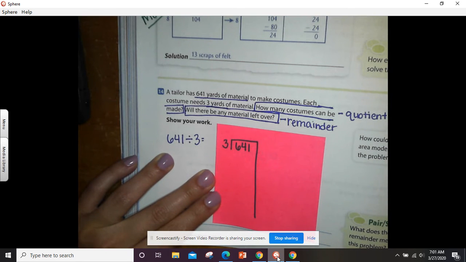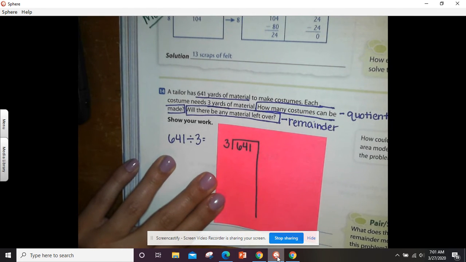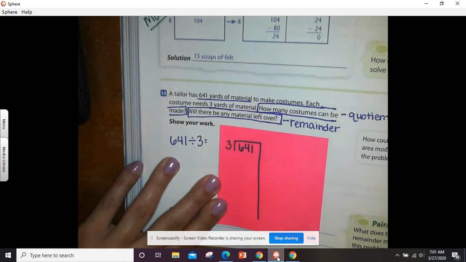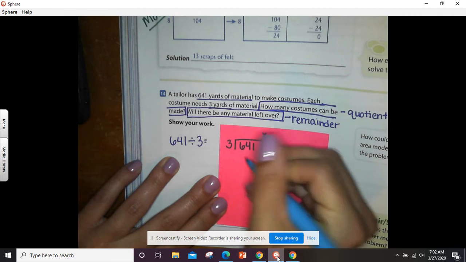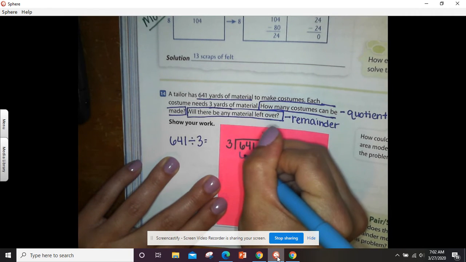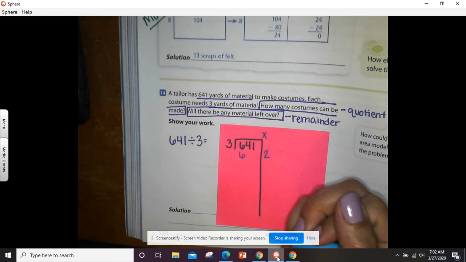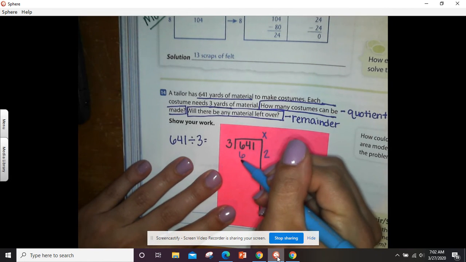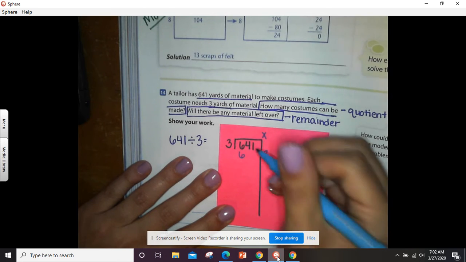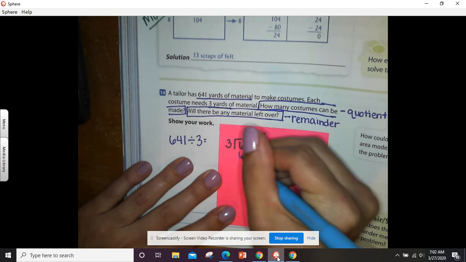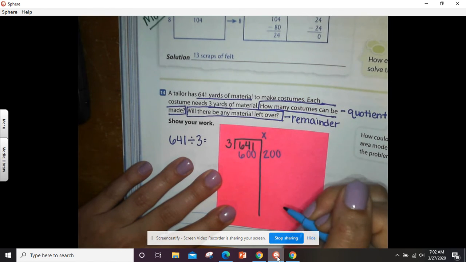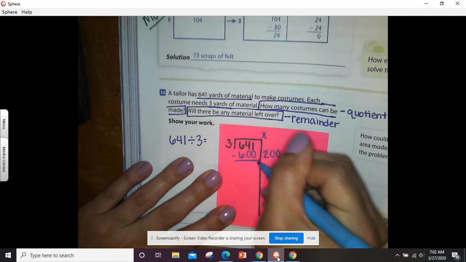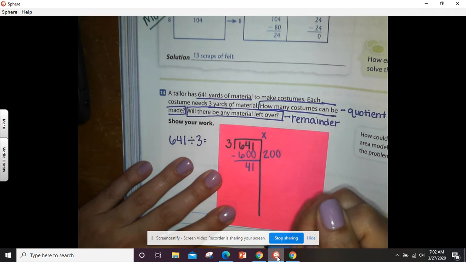In my head, I know 3 times 2 equals 6, and I've got a 6 in my hundreds place. That's going to help me out a lot. So if I want to put a 6 in the hundreds place, I have to do 3 times 200. 3 times 2 is 6, so 3 times 200 would be 600. I'm going to go ahead and subtract that, and I'll get 41.